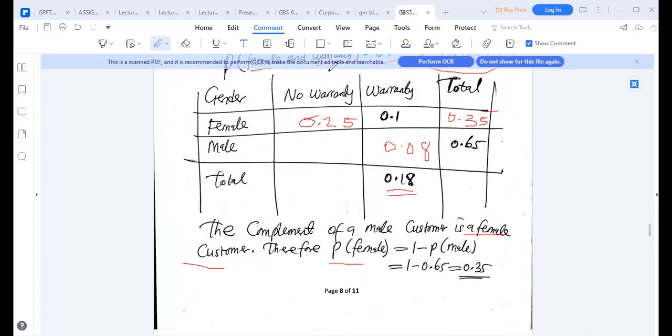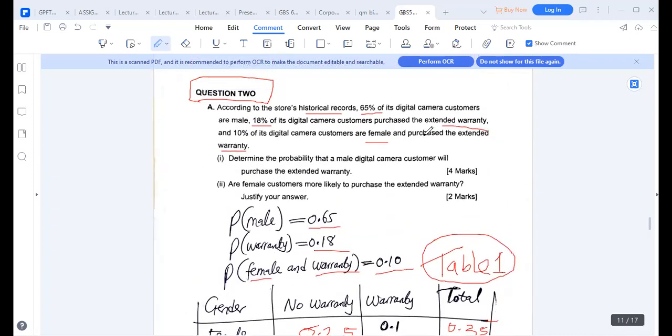Then male and no warranty will be 0.65 minus 0.08, which is 0.57. Then the addition of 0.57 plus 0.25 is 0.82. From here, we can find the total, which will give us 1.00. This is the summary table that we should have from this question.